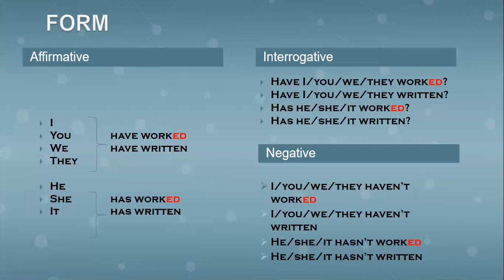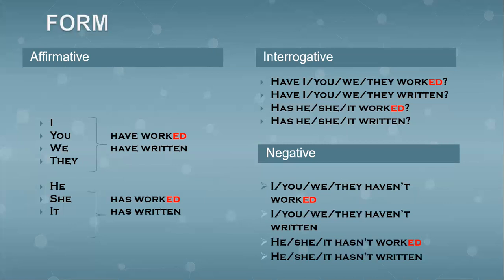And then we put the main verb in its past participle form. If I want to make the sentence negative, I add not directly after verb to have. If it's have, it's going to be have not or haven't. If it's has, it's going to be has not or hasn't. And I continue with the verb in the past participle form.